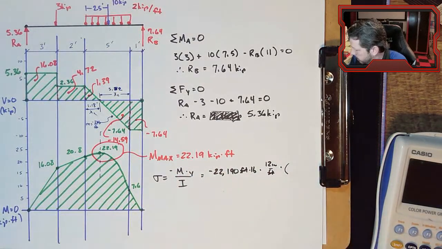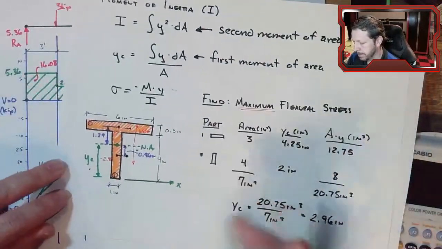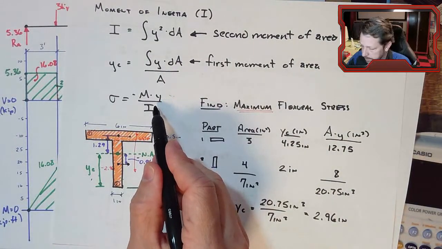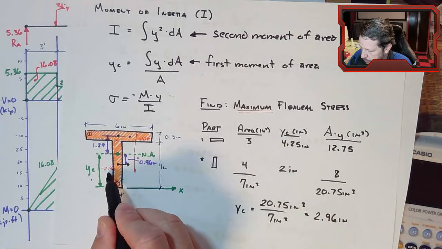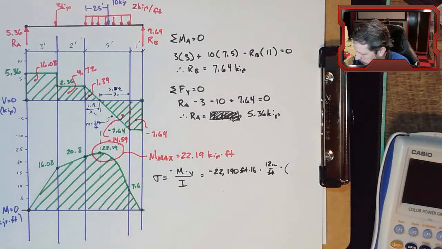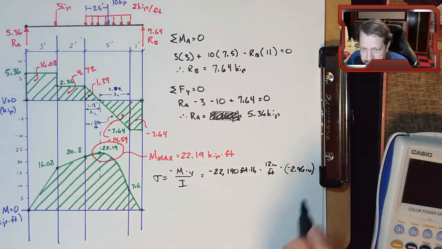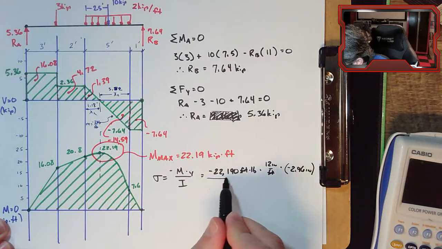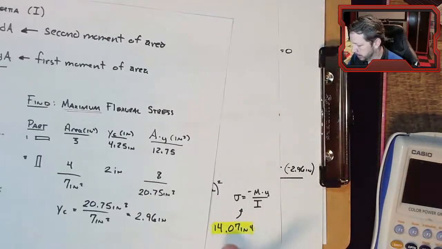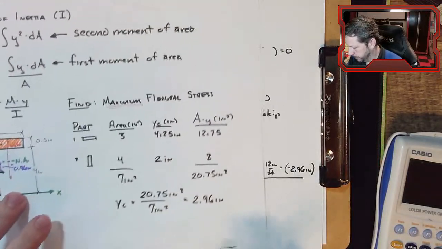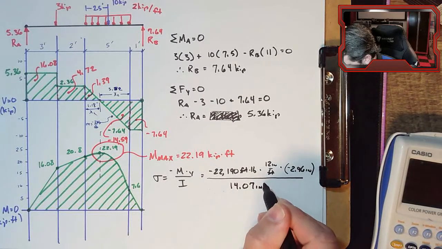Y is, we're trying to find maximum flexural stress, so we need the maximum possible value for y, which would be neutral axis down to the bottom of the beam, negative 2.96 inches, and then divide that by the moment of inertia for our beam T-shape, which was 14.07 inches to the fourth.